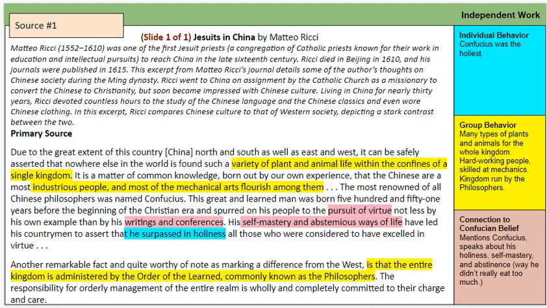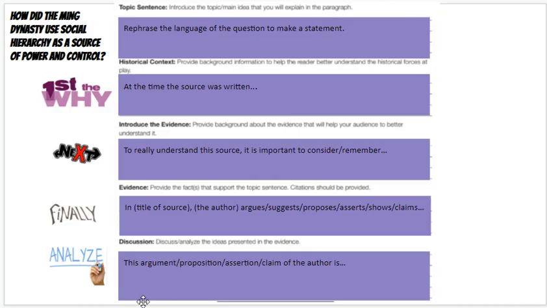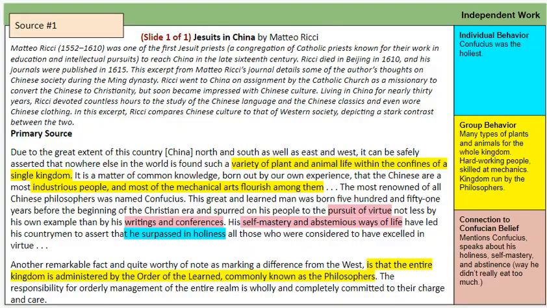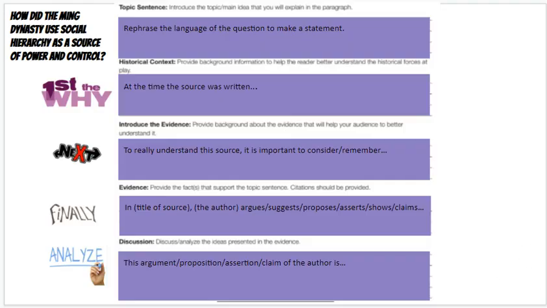Now, going back here, the last step. Okay. And this is where I think students get into the most trouble, but because you did all that work on this source, you won't get into trouble with it. This, the discussion, which means you connect the whole thing together. I would say you used the word assert, so you don't want to repeat the same word.